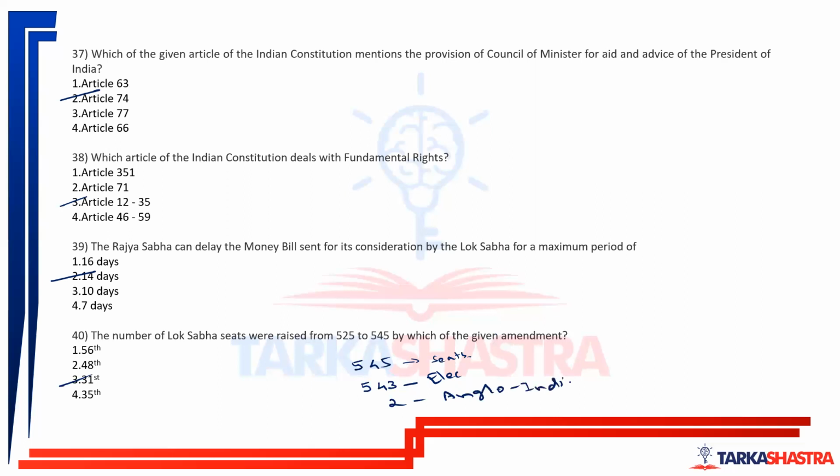These seats are allotted by the President if he feels that the Anglo-Indian community is not properly represented in Lok Sabha. Okay.